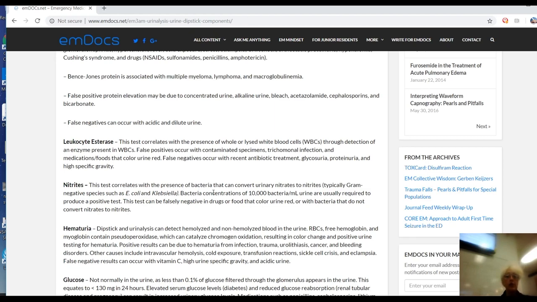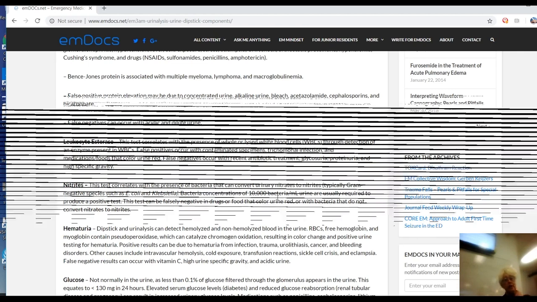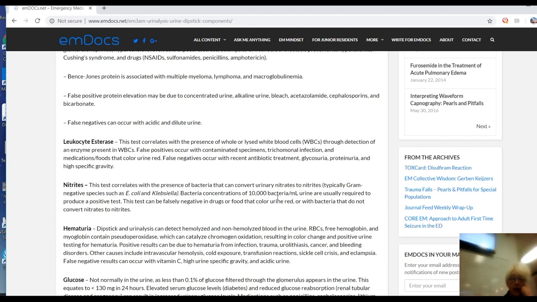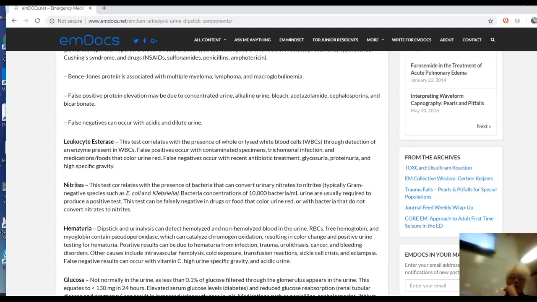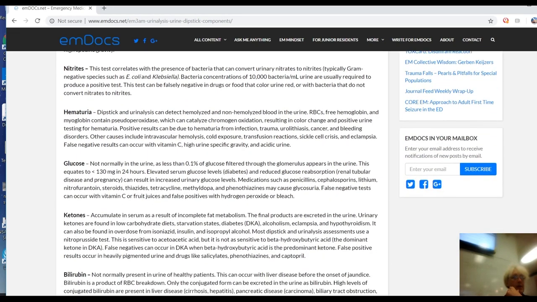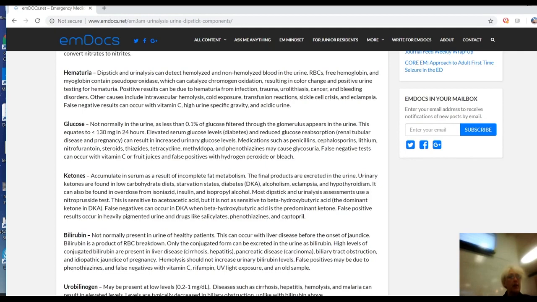So it tells you leukocyte esterase. So if you have white cells, you have an infection. Nitrates are also the byproduct of bacteria, typically gram-negative. Greater than a 10,000 bacterial colony count, they typically say that you have a contaminated specimen. Someone contaminated it.